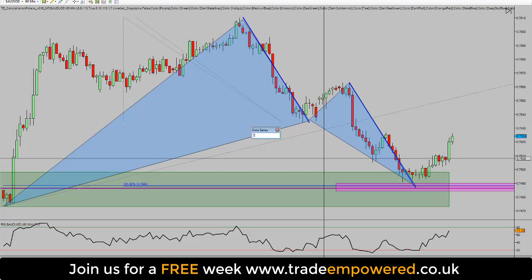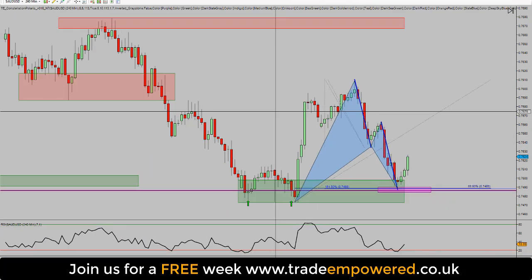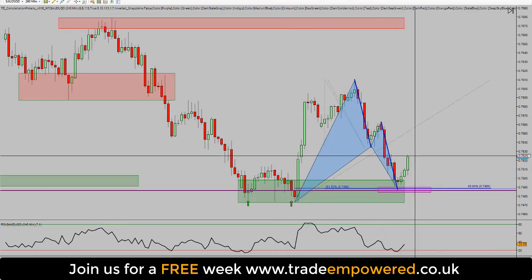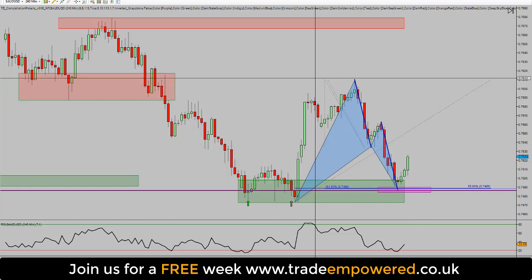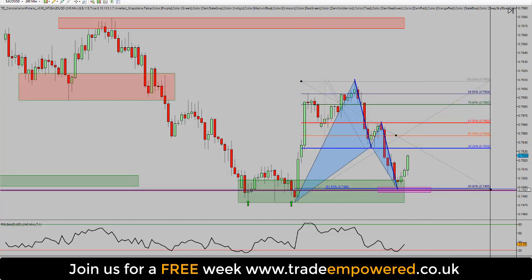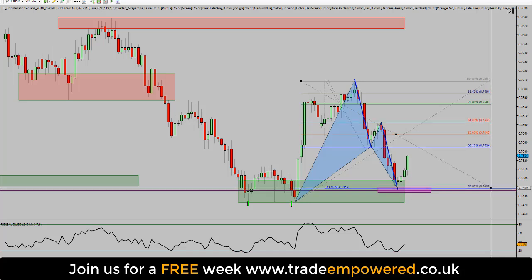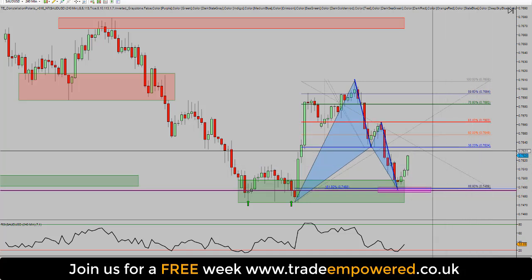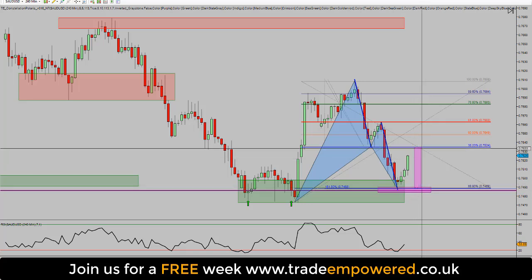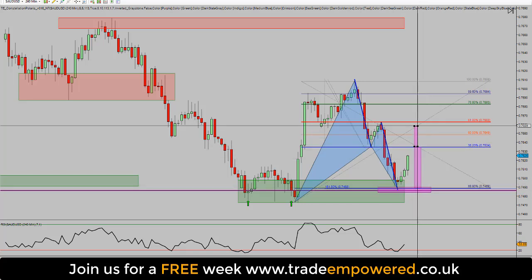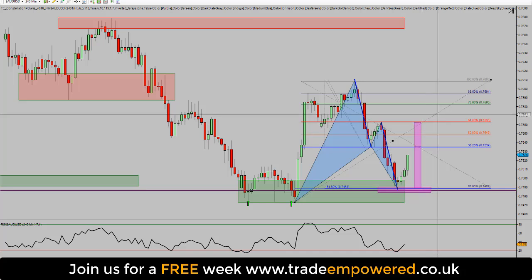Okay, but what I did is I entered aggressively, and my targets will be conventional bat pattern targets. So I'm looking at the 382 for target 1s, and target 2s up at that 618.